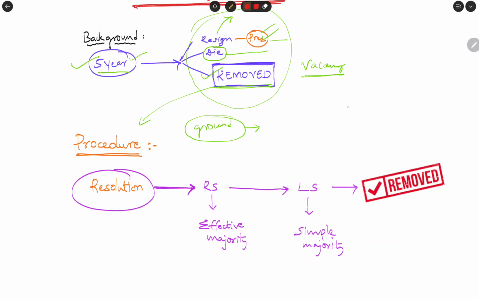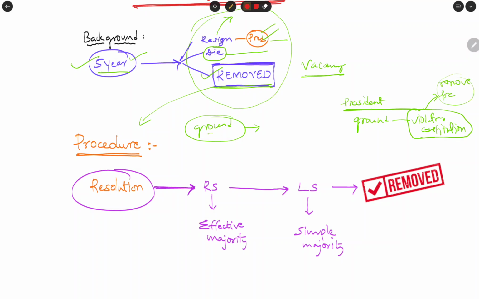In the case of President removal, the Constitution mentions a ground, that is, violation of the Constitution. It means if the President violates the Constitution, then that can be taken as a cause to remove the President.